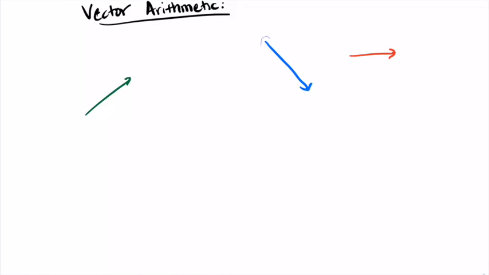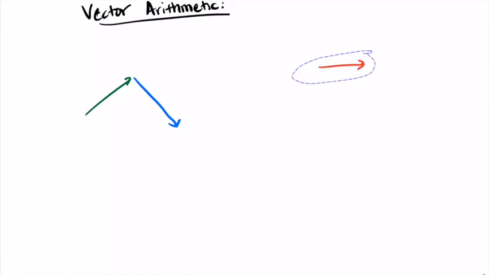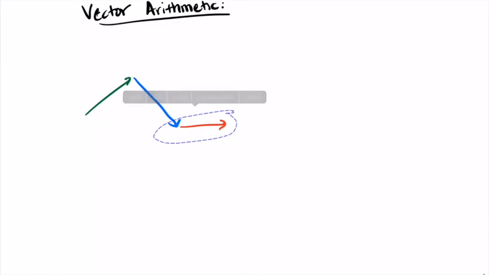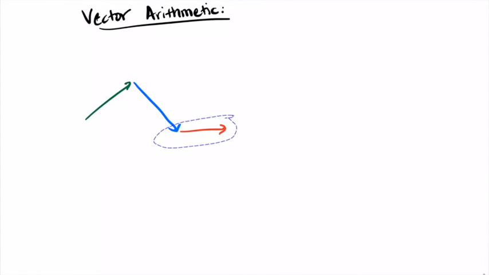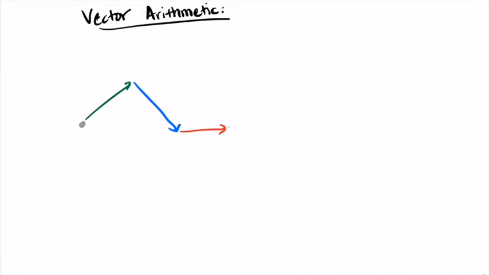Effectively, when I add them together, I'm bringing them next to each other. And so the net result of where they bring me is, in fact, their sum. So if I started here and I ended here, this gray vector is equivalent to the addition of the green, blue, and red.